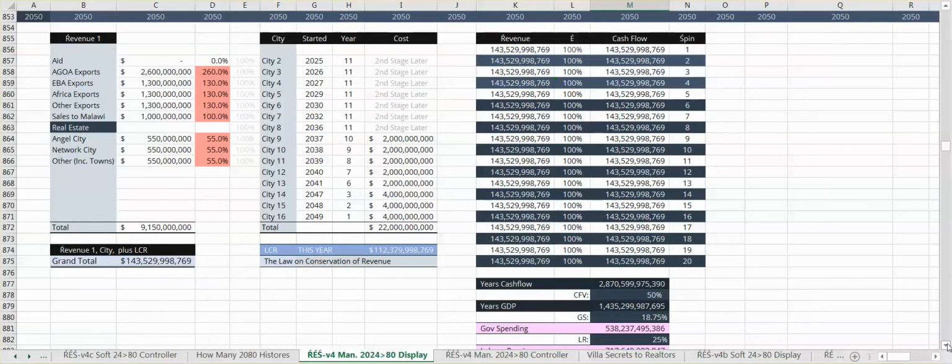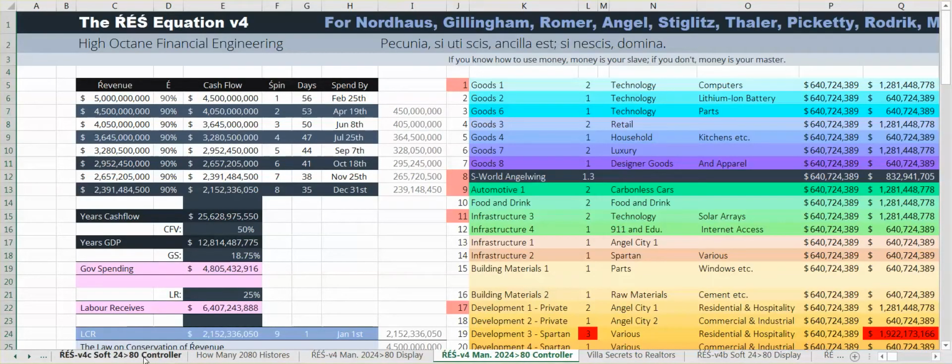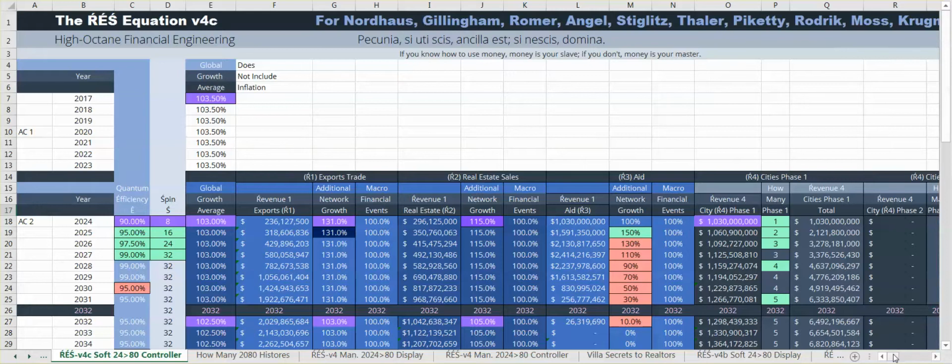At this point, I started work on the controller. Here is the controller. But note this controller here, the one that I'm making for the software, is much more concise, albeit it's only working over the first 4 years. And even then, the spins are done for demonstration, not actual usage.